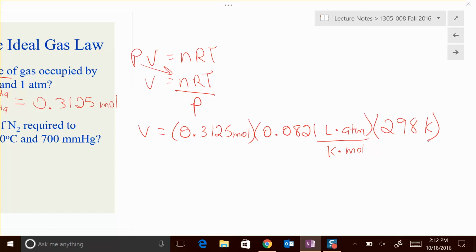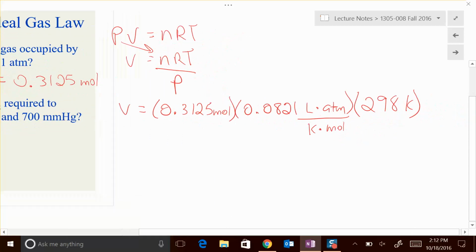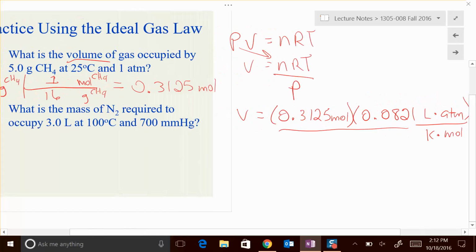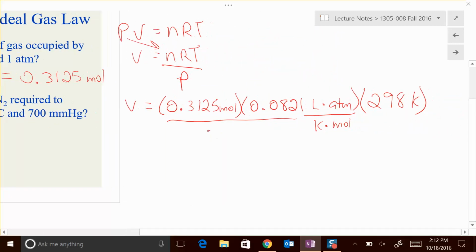Okay? So, what is my pressure? 1 atmosphere. My atmospheres cancel, my Kelvin temperatures cancel, my moles cancel, and I'm left with liters, which is what I want. Okay? So 0.3125 times 0.0821 times 298.